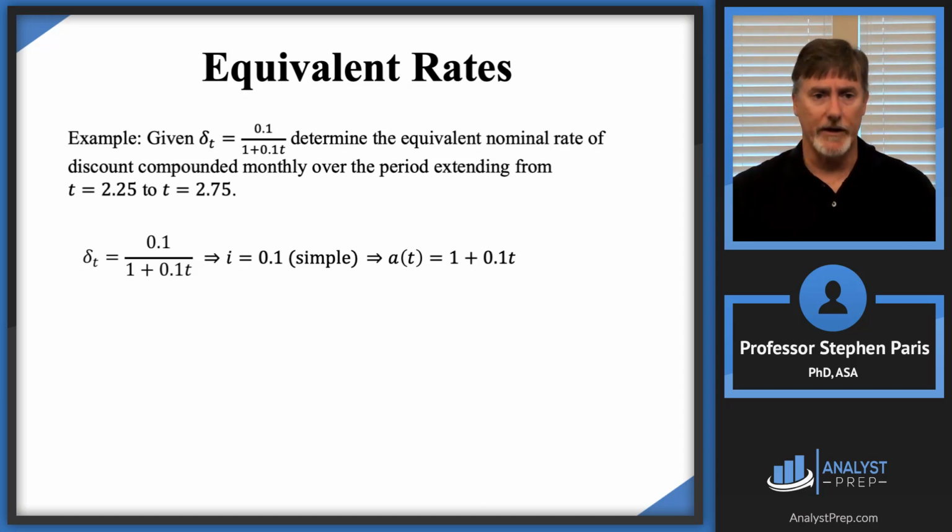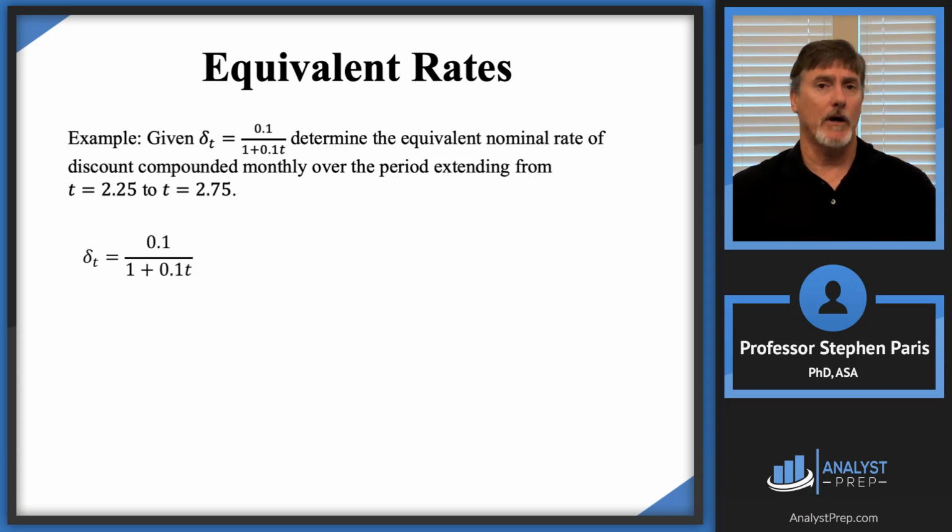However, there's another way to show this, so let me show you a second way to get to the same result. I've got the force of interest, and I'm trying to recover the accumulation function. I see the force of interest as a fraction, so I automatically think to myself, does it fit the special class of forces of interest where they're of the form some constant times a fraction, where the numerator is the derivative of the denominator?